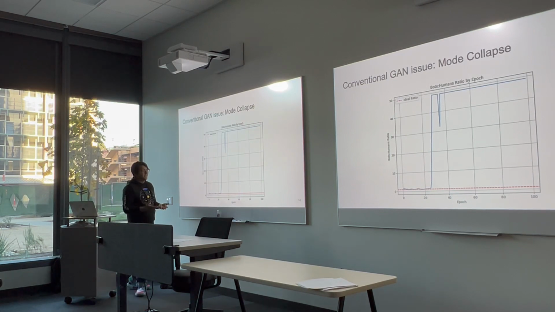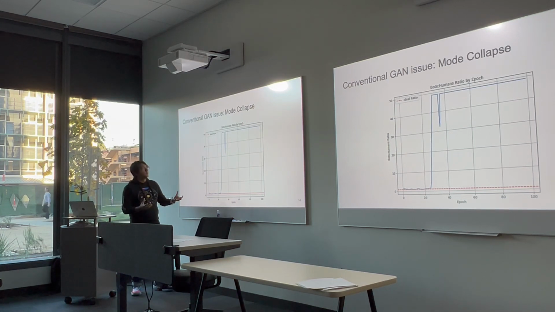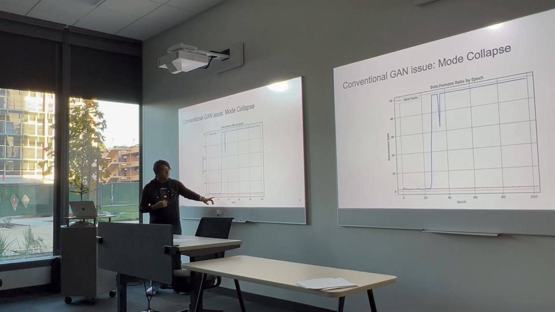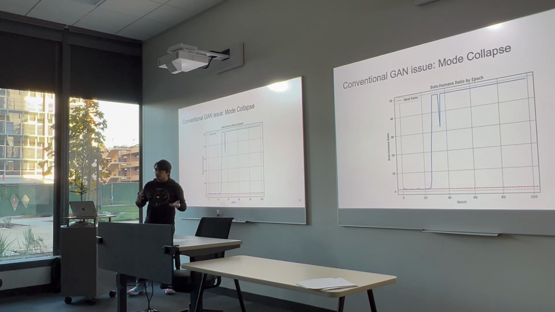This is why we're seeing this sort of behavior from the discriminator and the generator. When we look at the generated samples from the generator, we see that the amount of bots that it generates per epoch as compared to humans skyrockets at around epoch 20 or so. So ideally, my assertion is that we want to generate bots and humans at almost an equal rate.